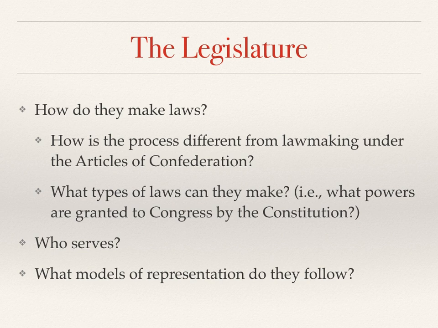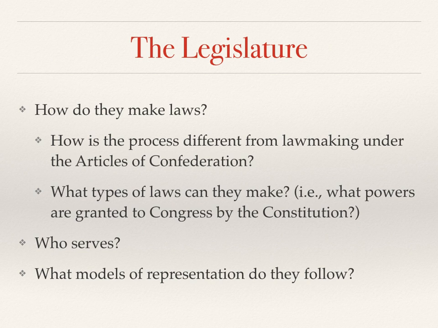Now, what models of representation does the legislature follow? Right? This was Edmund Burke's two ideal sort of models of representation. We've got delegate model and trustee model. Delegate is basically doing exactly what your constituents want at any given time, whereas the trustee model is putting national needs before the needs of your individual constituents.